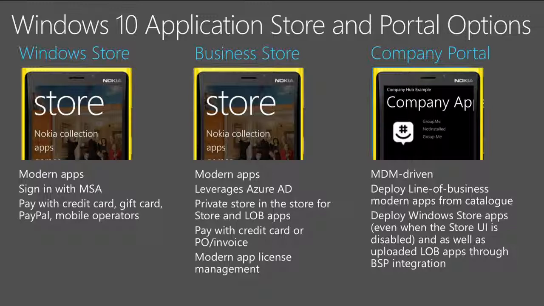So the store is only accessible with MSAs. The Business Store is basically an interface between the store and your identities that you manage, your Azure AD identities, so that you can control what they can see, what they can install, and even if it is paid applications, you can now bulk buy applications, not only with credit cards, but also with POs, because that was a complaint of a lot of organizations as well, and then deploy them in such a way.